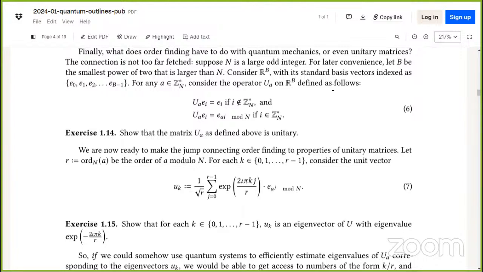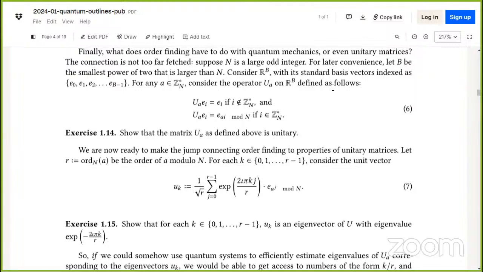So you get the usual uniform superposition of all the A to the j's. Basically, if you think of it, it's the subgroup generated by A. It's the quantum indicator of that subgroup: for each element there is a corresponding ket, and you just take the uniform superposition. That's k equal to 0.